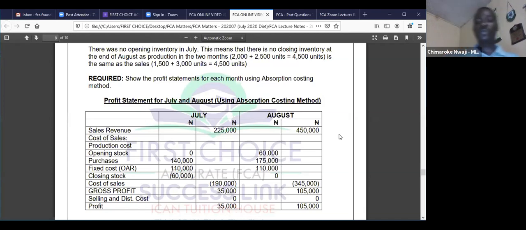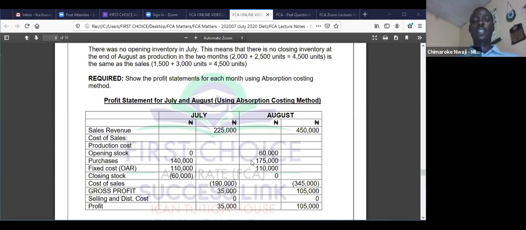Now let's go to the absorption costing for August. We know that our revenue was 150 naira and they sold 3,000. And that gives us 450. Now our opening stock here is the closing stock of last month.